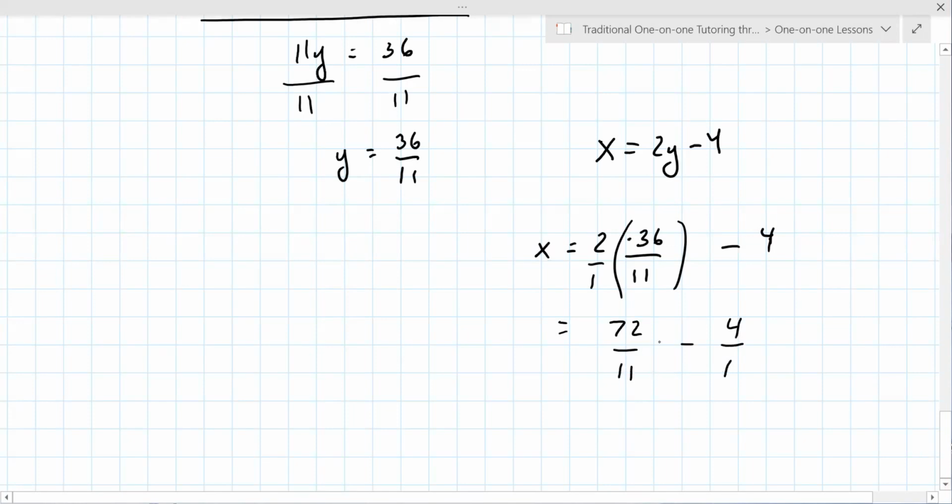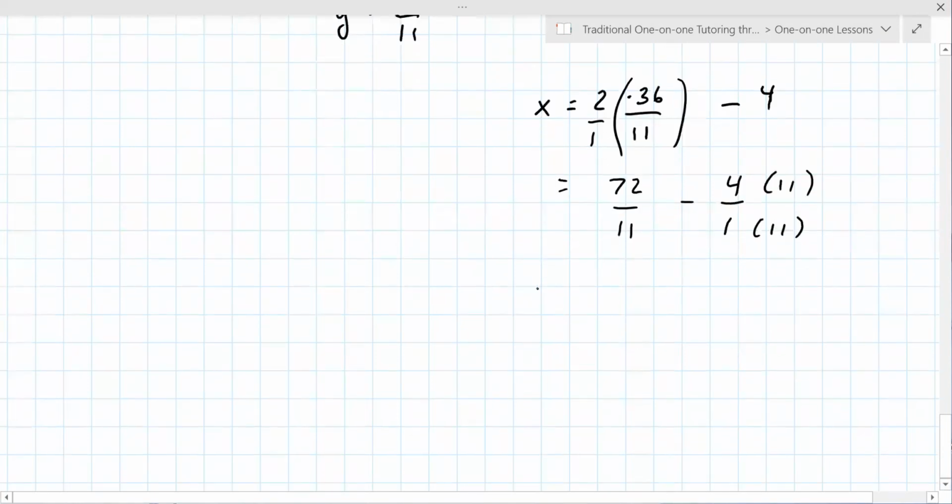Now, when you're adding or subtracting fractions, you got to make like denominators. So we're going to multiply the one on the right by 11. So this becomes 72 over 11 minus 44 over 11. And that equals 28 over 11. And that's your x value.